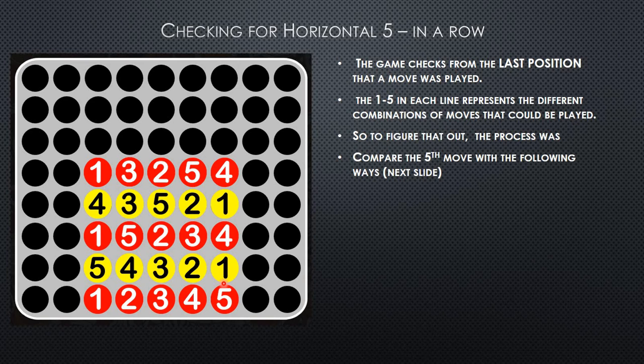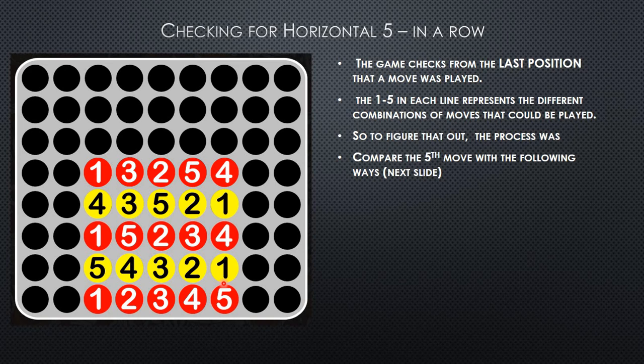So we had to keep track of where that last chip is positioned, in what part of which column, and we'll see how each of those work out in the next couple slides.